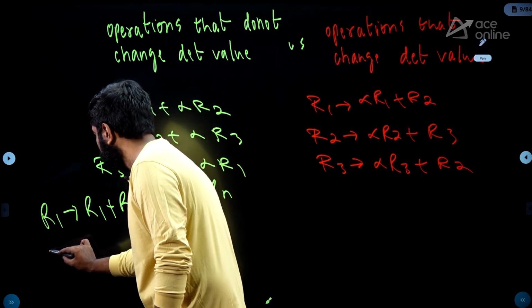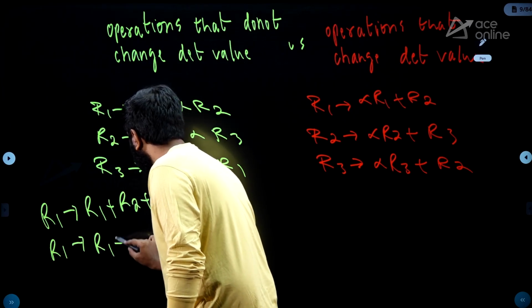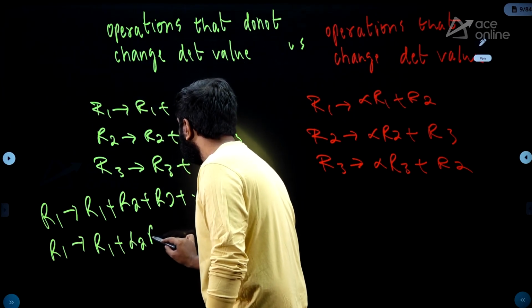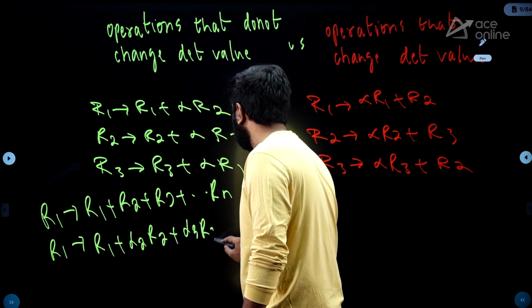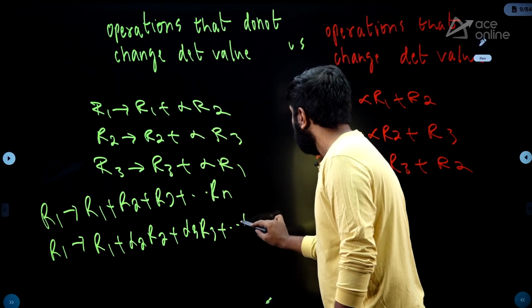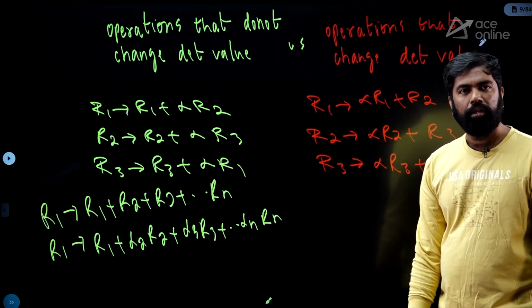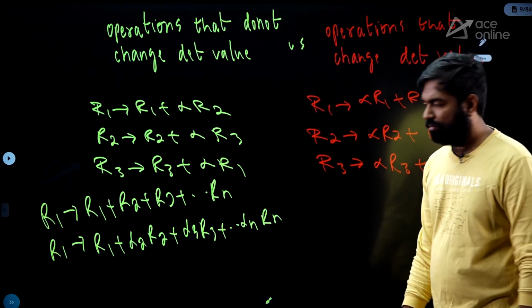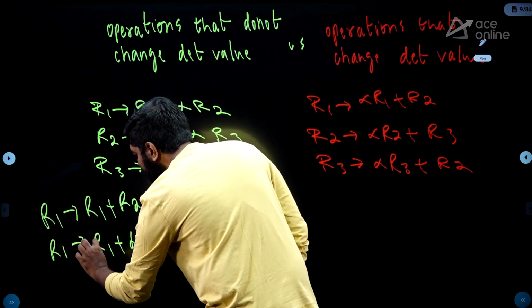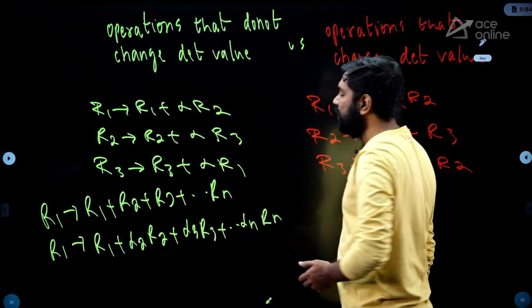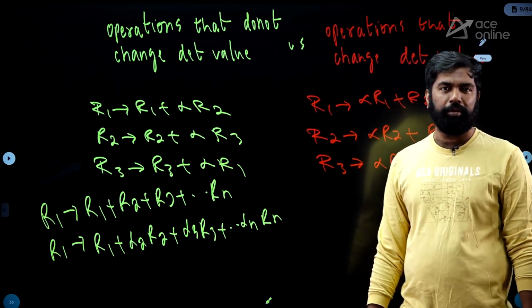So you can also do it like this: R1 replaced with R1 plus alpha 2 R2 plus alpha 3 R3 plus so on alpha n Rn. The determinant is unchanged. The particular row is replaced with itself plus a linear combination of the others. The beauty of this operation is it doesn't impact the determinant.